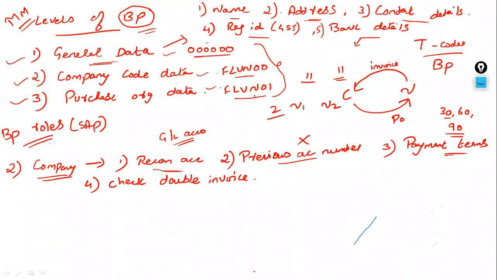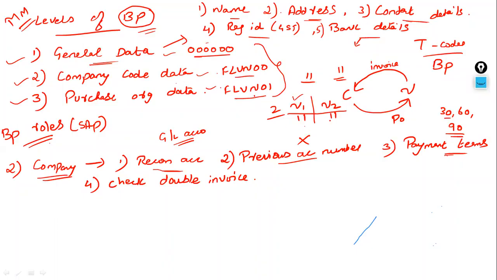V1 will supply you the material and he will give the invoice of 11. V2 will supply other material and give you invoice of 11. System will accept because you have a different vendor ID, but the invoice number is the same. System will check, okay, from this vendor I have received 11. Okay, this is fine, I'll post this entry.